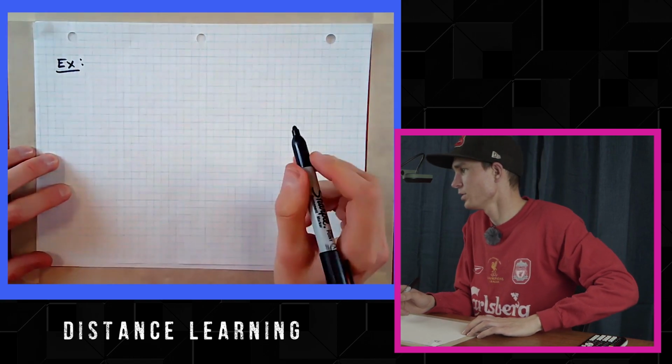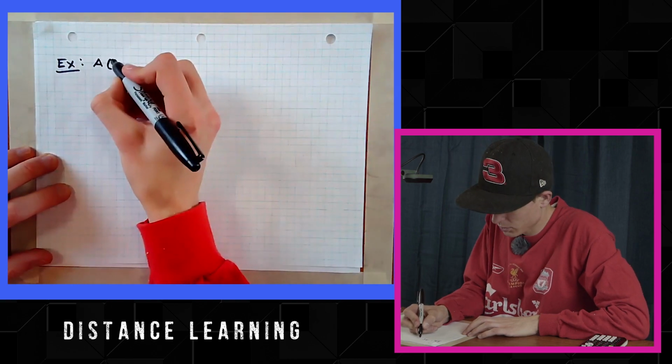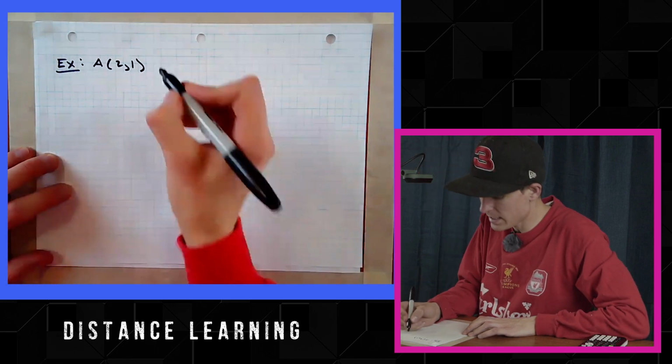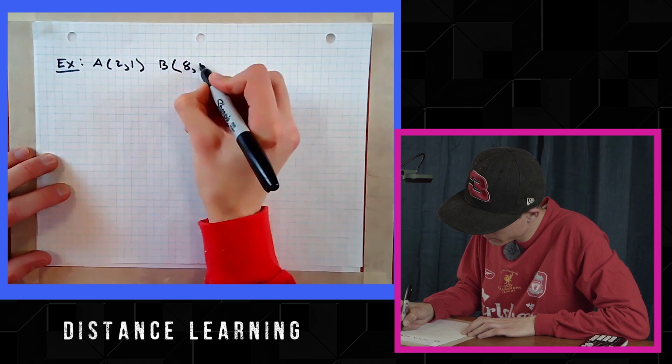But for this example, they give you a point A is at 2, 1, and B is at 8, 5.